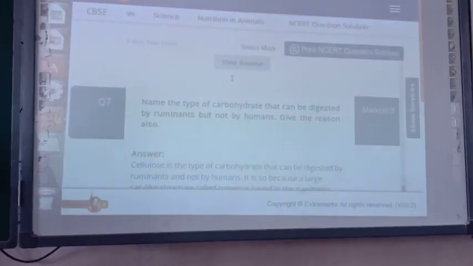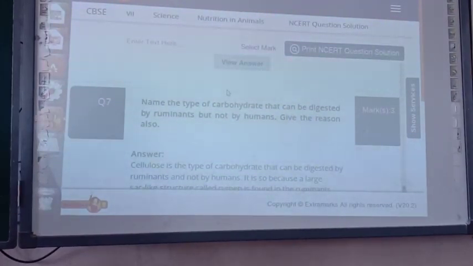The human alimentary canal does not contain those bacteria.